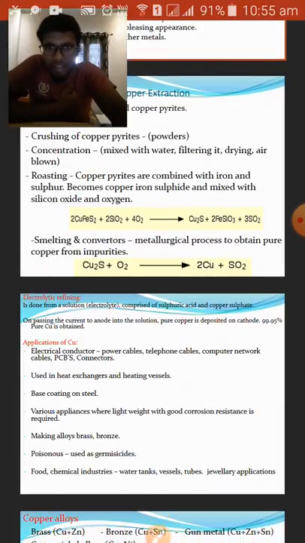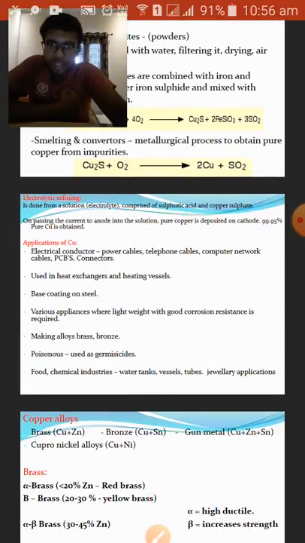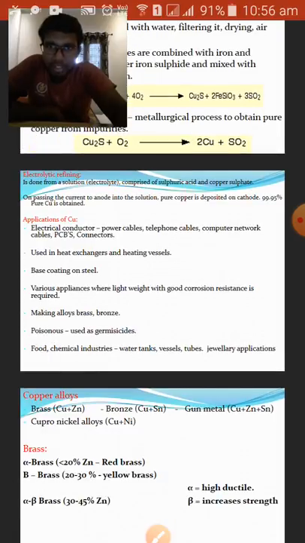The fourth step is smelting and converters. We use metallurgical processes to obtain pure copper from its impurities. The reaction is given as Cu2S + O2 gives rise to 2Cu + SO2. The next one is electrolytic refining.